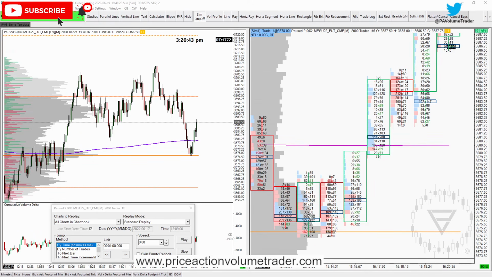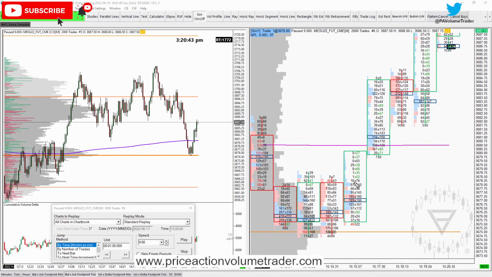And then you can see right here, we came down, we finished the auction here. And then, I mean, look at this move. Look at all the stacked buying imbalances that we're getting in these candles. This is just a very quick and aggressive move back from this level, okay?